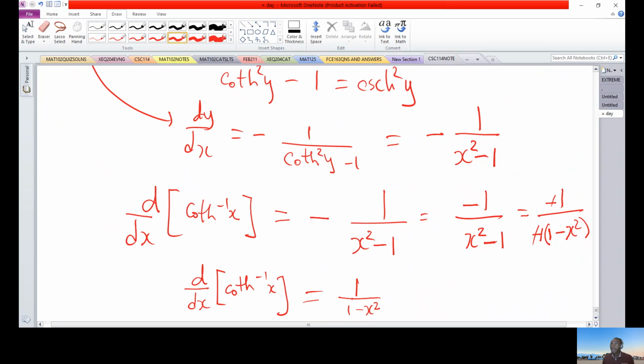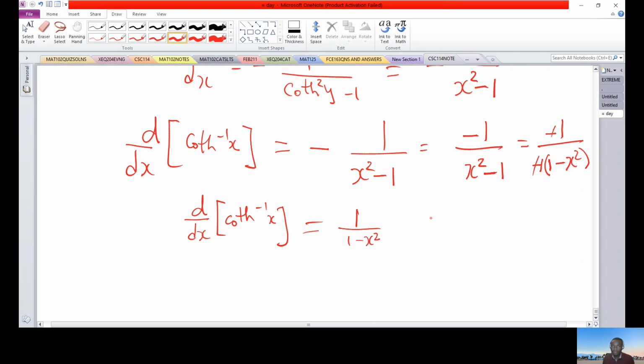But for this, the absolute value of x must be greater than 1 for that one to be defined. So this is how we can as well write that same expression.